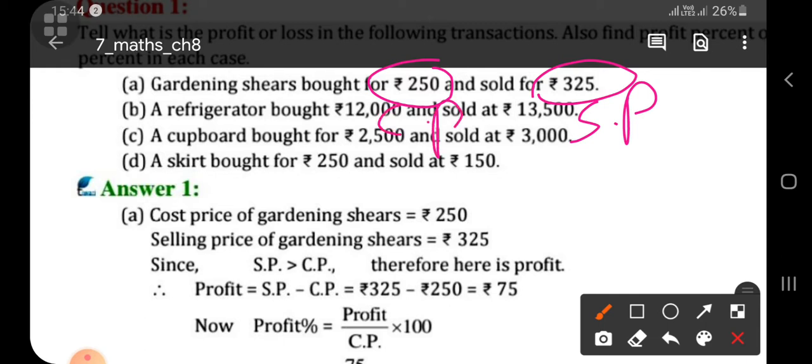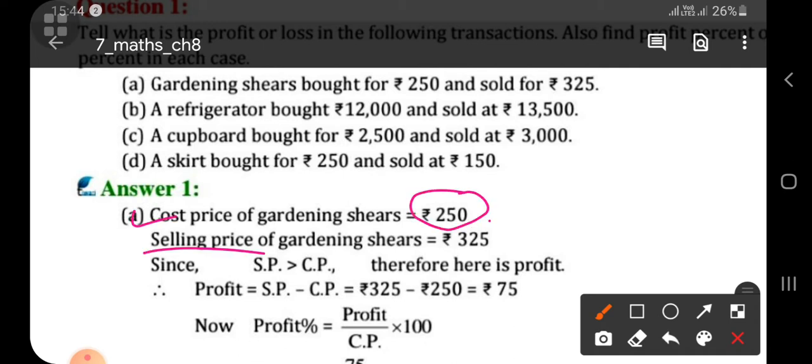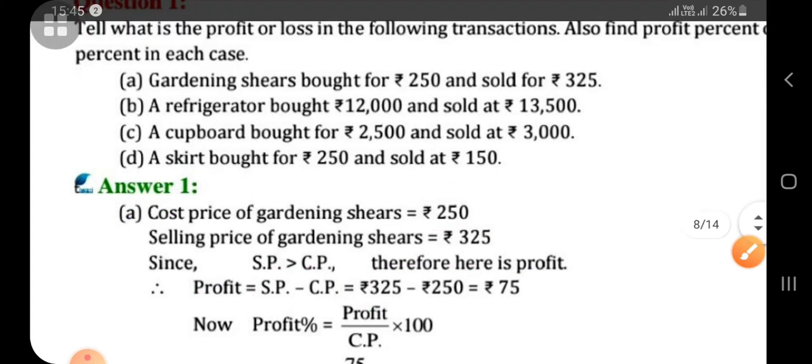So it is obvious that there is a profit. Selling price is greater than cost price. Profit in rupees, you have to subtract them. 325 minus 250 is equal to 75 rupees. There is a profit of 75 rupees.